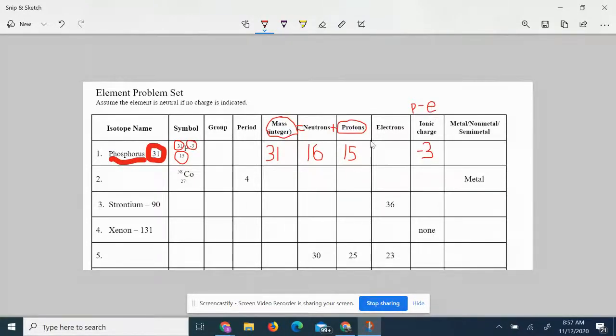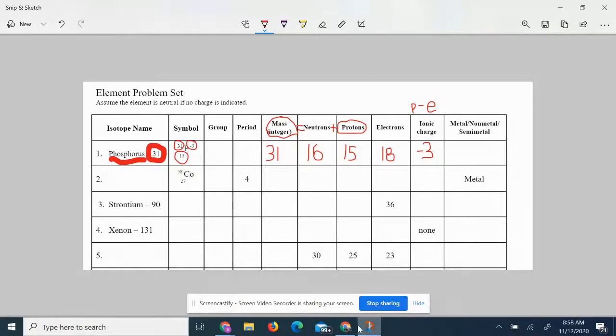So protons minus electrons: 15 minus something equals -3, so minus 18. Another way to look at this is because I have a -3 charge, that means I have 3 more electrons than protons. And when I'm looking at an atom, I cannot change the number of protons because that would change the identity of the atom. So I can only change the electrons. So 15 minus 18 gives you -3.